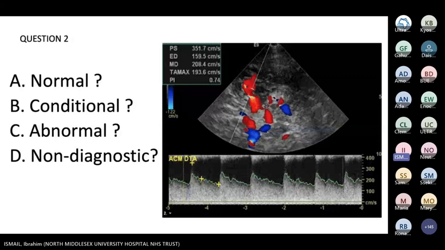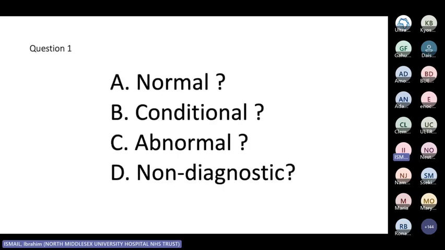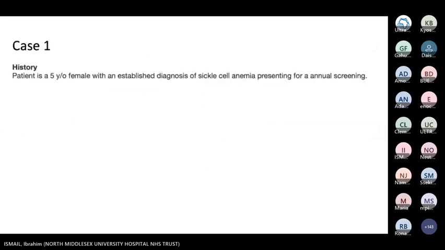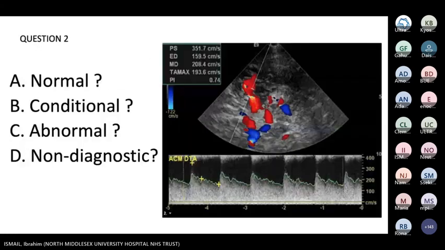Again, there's no mischief going on here. This is just the image. There's nothing being flipped. Just look at the image, look at the parameters, think about the parameters. We can go back to the parameters as well. Normal, conditional, abnormal, non-diagnostic.